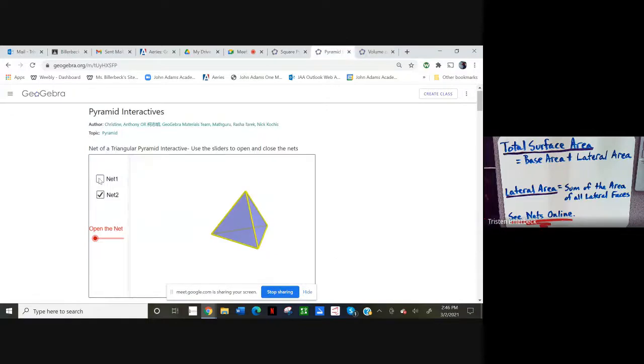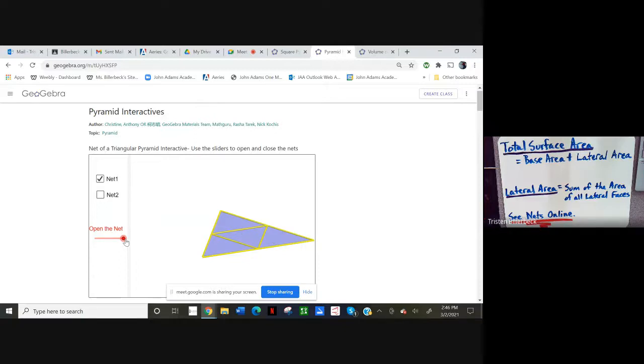Now, if we look at a pyramid like this, there's ways to represent the areas of the surfaces when we're actually considering surface area. So we can open up the pyramid and just look at each face as a flat surface. So we find the area of this triangle, this triangle, this triangle, and this triangle.